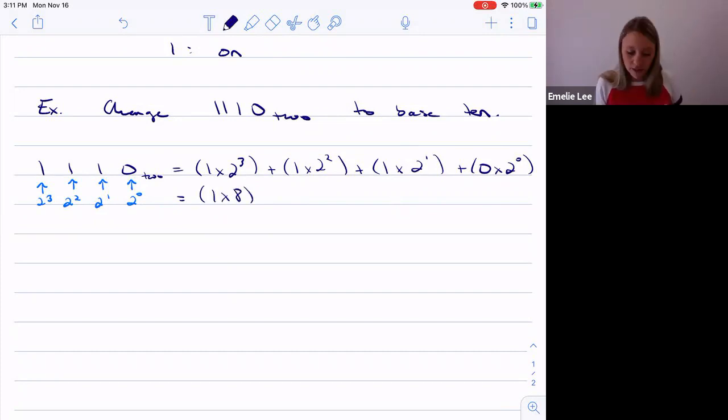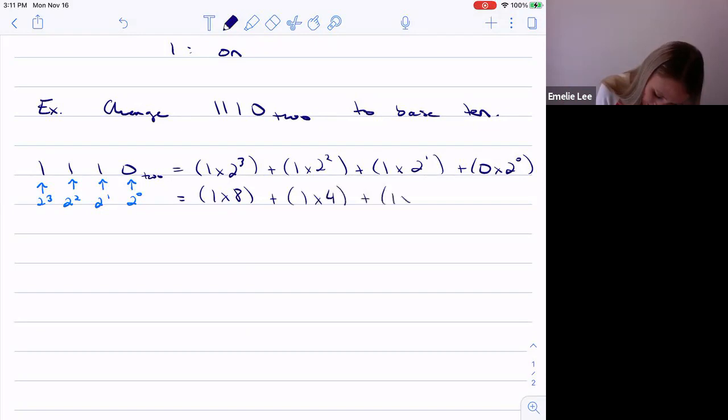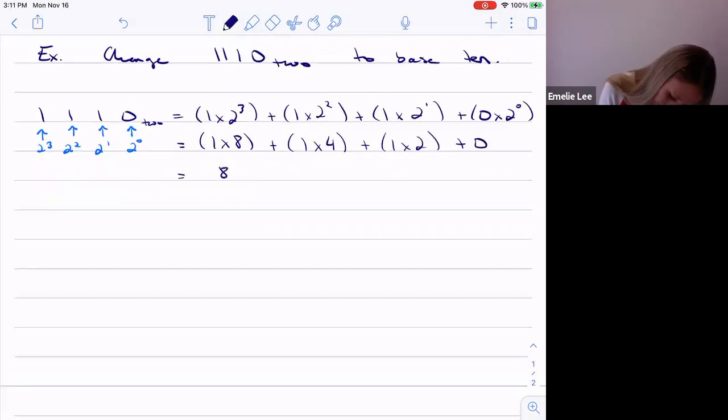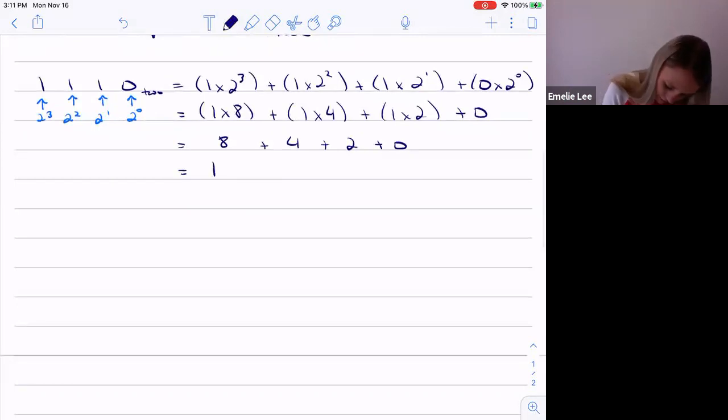Writing out everything here. Of course, you can just skip straight to here if you want to. But I just want to show you where everything is coming from because it's been a long time. So 1 times 8 plus 1 times 4 plus 1 times 2 plus 0. 8 plus 4 plus 2 plus 0 puts me at 14.